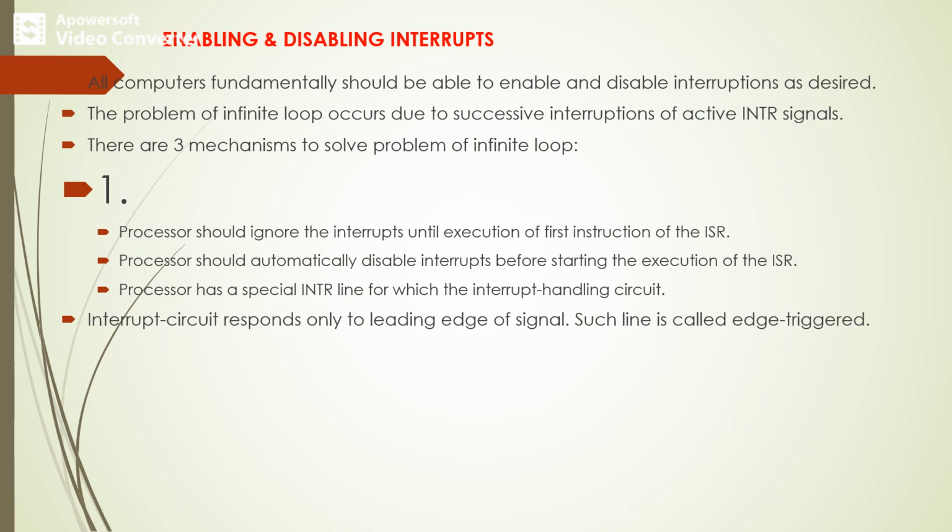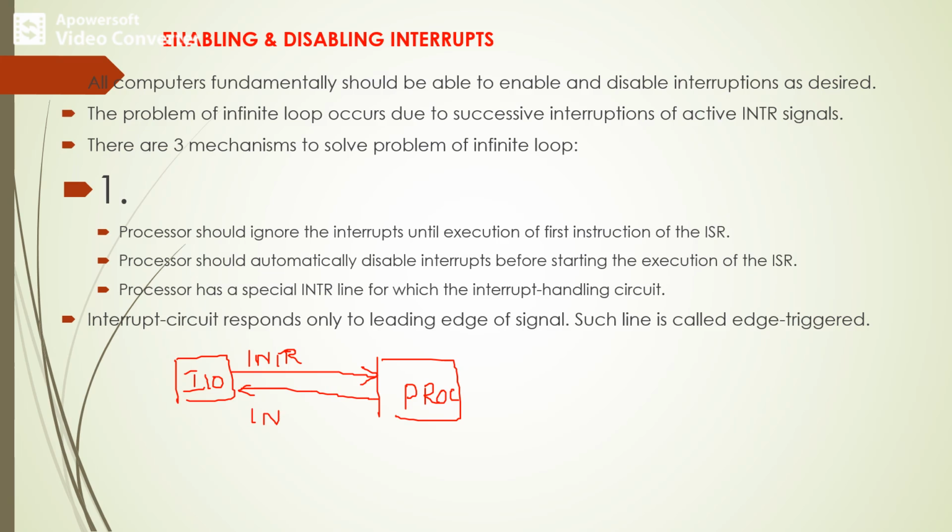if we are considering a single IO device and one processor. Initially the IO device requests an interrupt, and the processor is ready to give the service and sends an acknowledgement INTA signal.